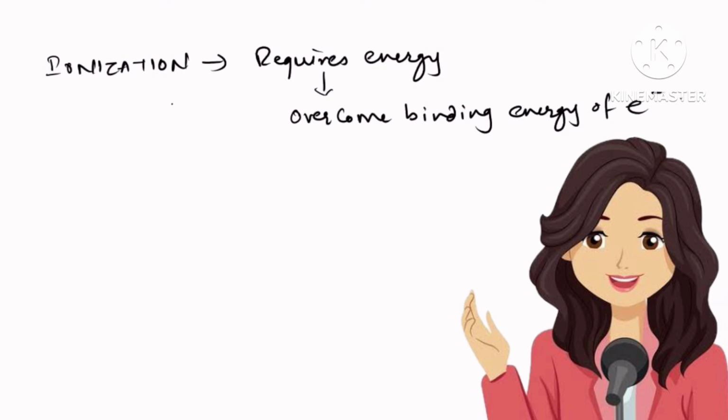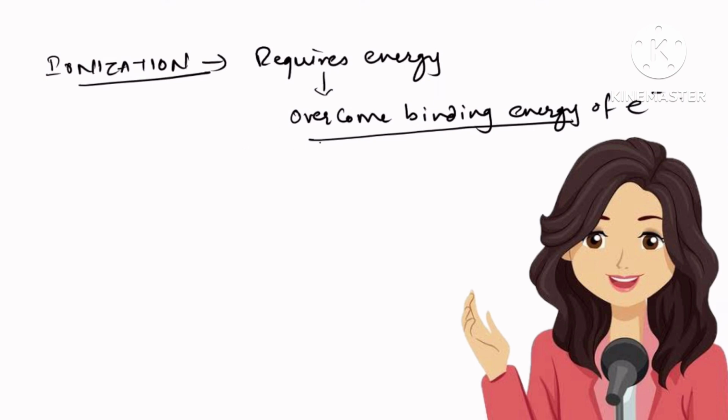Since the nucleus is positively charged, as it contains protons, the protons and electrons will have some electrostatic attraction. The electrons will be bound to the nucleus with some energy that is called binding energy. And for this ionization process, we need to overcome this binding energy of an electron.